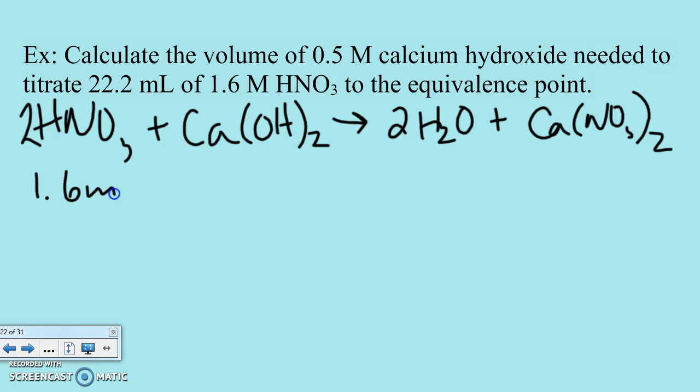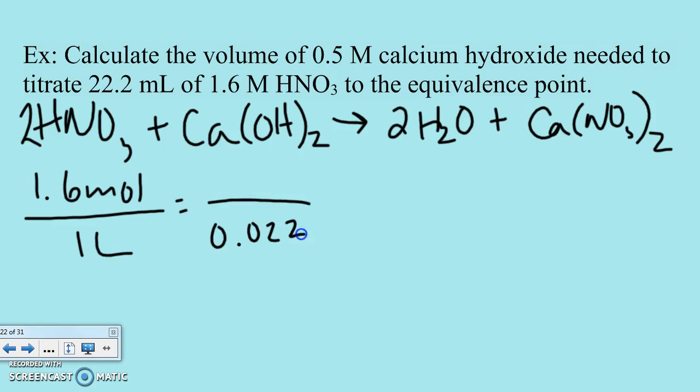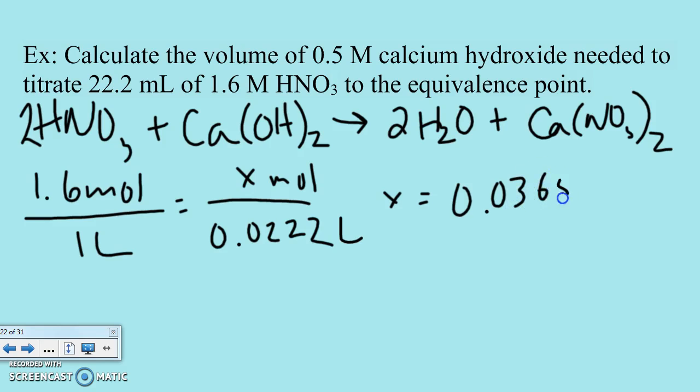So again, whenever you see that capital M, I would convert that to moles per liter. We're solving for 22.2 milliliters, or 0.0222 liters, at 0.0365 moles, and this is of the HNO3.